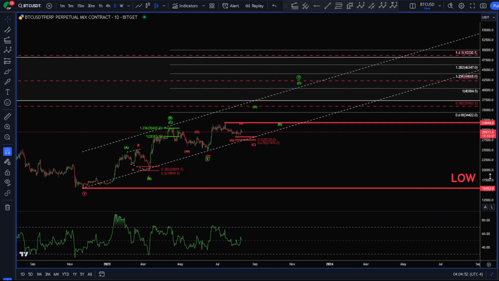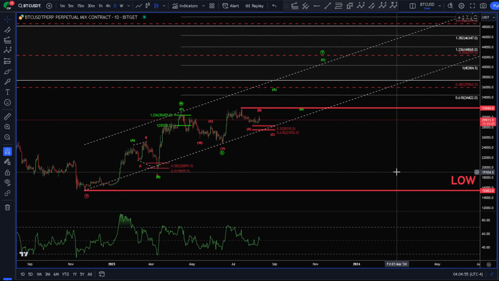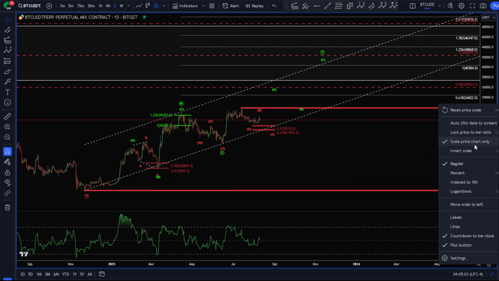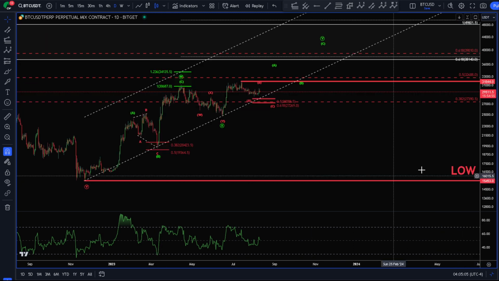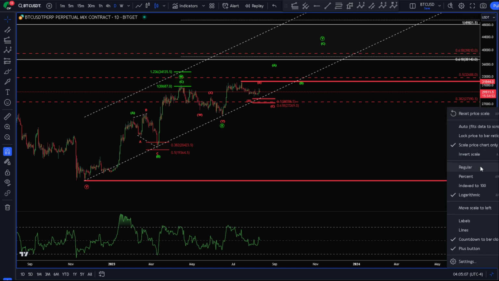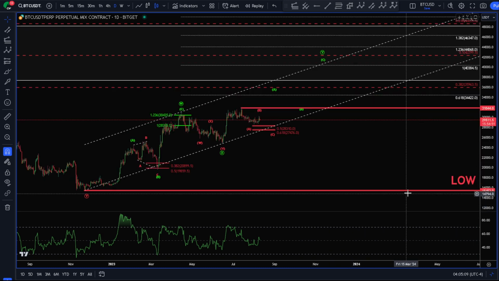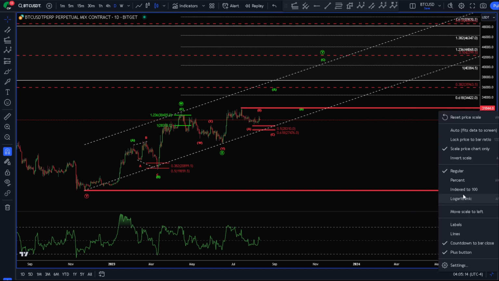Now zooming in a little bit, we had an ABC up with an expanded flat in the middle. As you can see, our expanded flat hit right between the 382 and the 50 on log scale, and we tagged the 50 on linear. Off that, on linear, we did hit the 1.236 for our C wave.